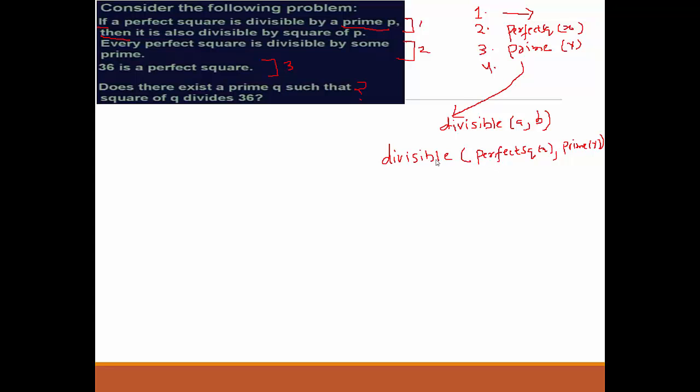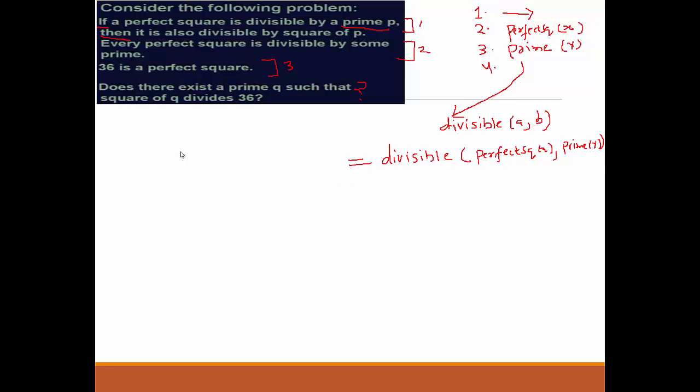Now this can also be represented in another form, which is that we will take these out, perfect square will be out, prime will be out, and they will be all ended with divisible x comma y.